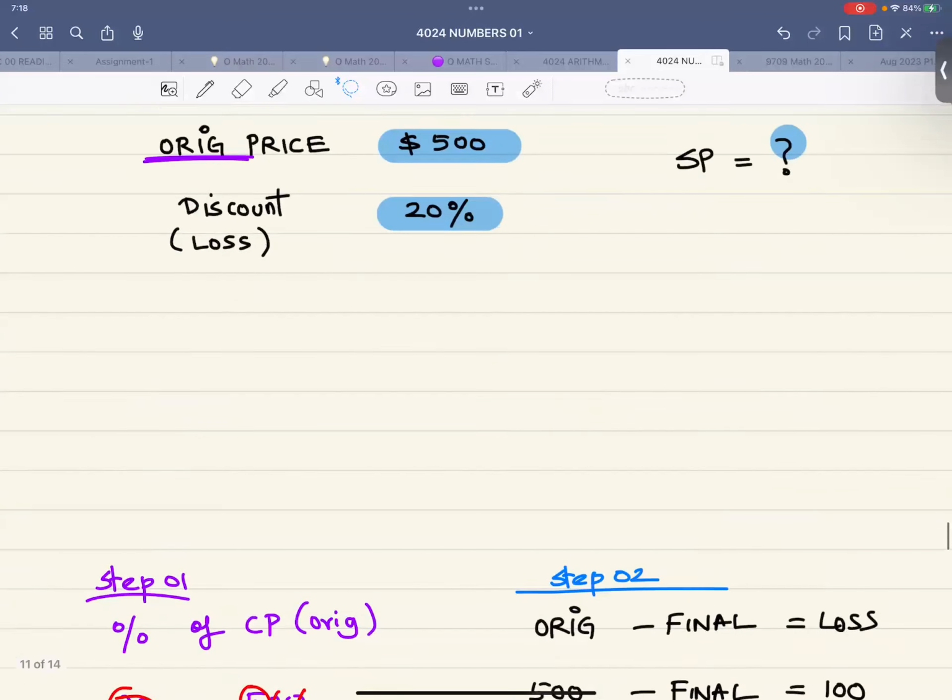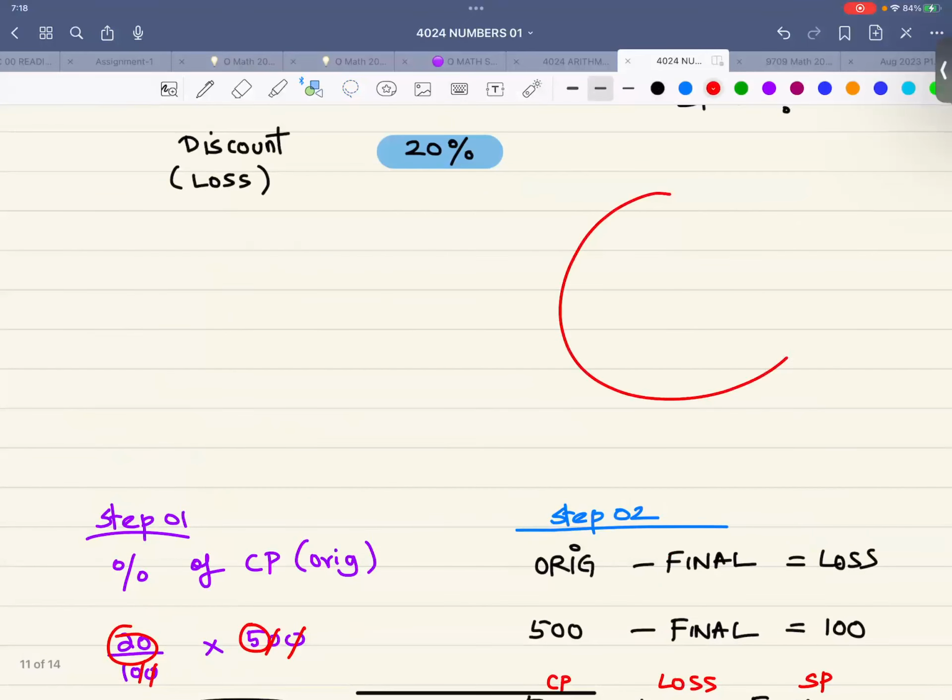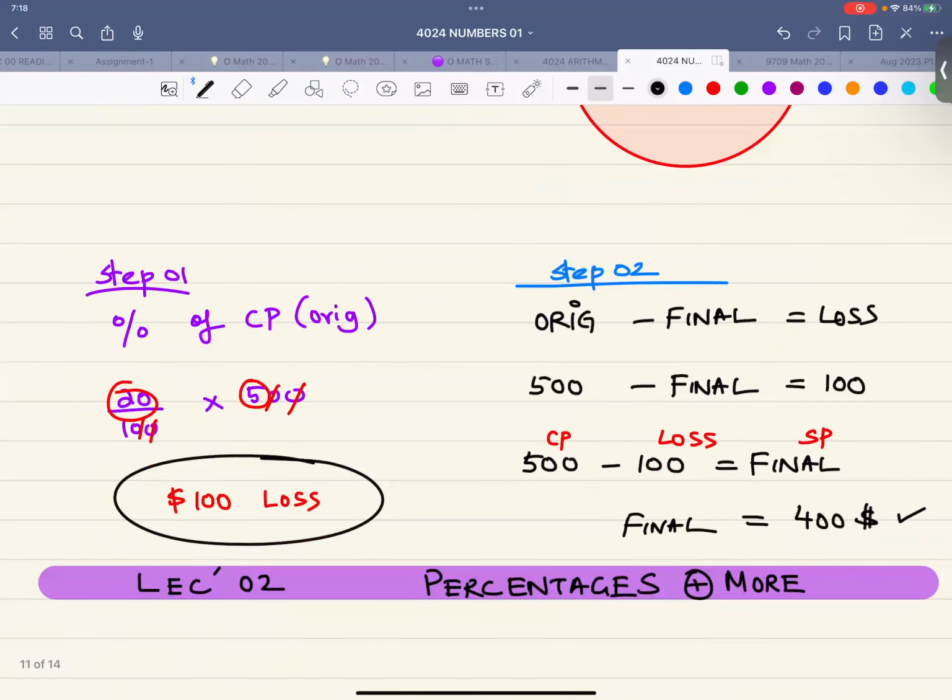Now over here, when we talk about a loss, that means cost price is greater than selling price. Therefore, selling price is cost price minus loss. This is the equation that we will use. So step 1 is this much, $100 is the loss. What is the original price? The cost price, that is $500.